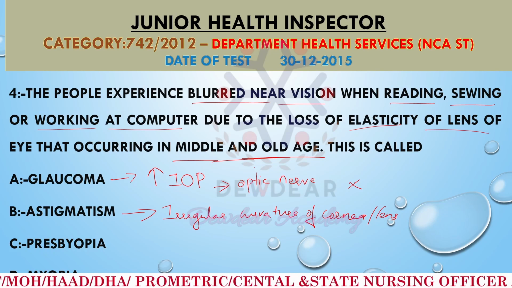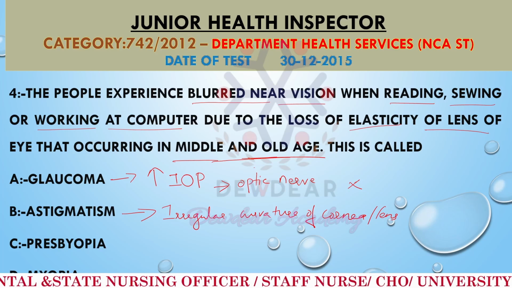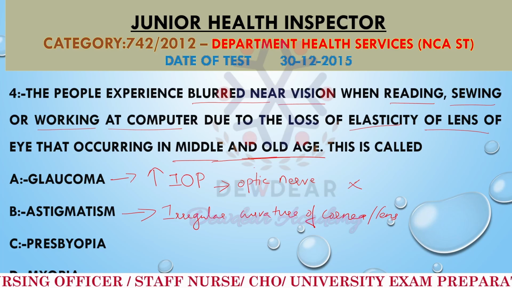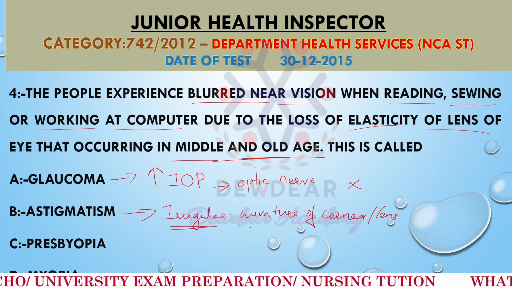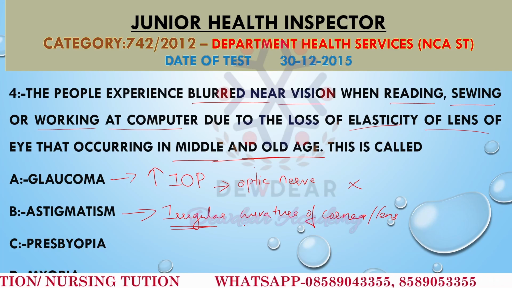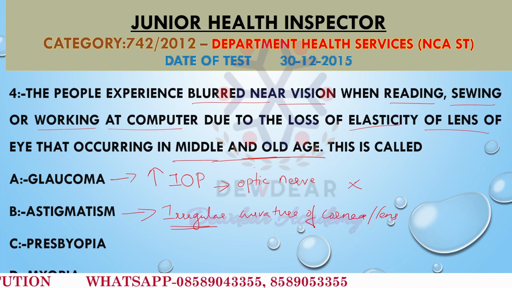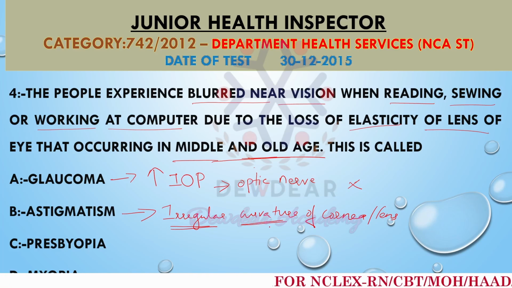It is not the difficulty focusing on near objects, and it is not specifically associated with aging. Astigmatism is mainly because of the irregular curvature of the cornea or lens, which leads to blurred or distorted vision, which may occur at near distance or at a far distance.